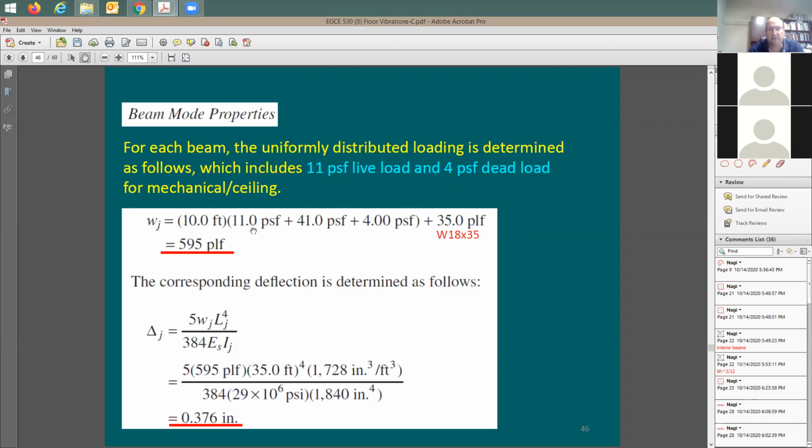Now a question: do I need to apply load factors like 1.2 dead, 1.6 live load? Andres, yes or no? I would say yes. Oh, no. Sir, I don't think we have to do it because they already gave us the total live load and dead load.